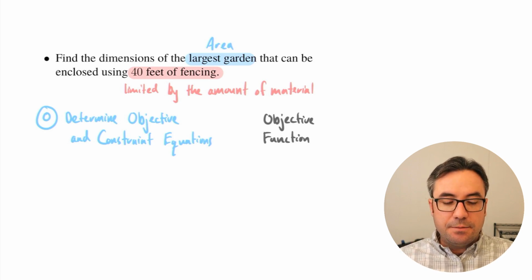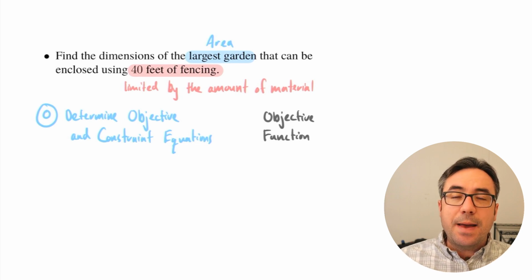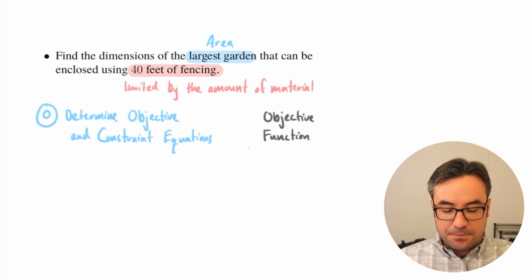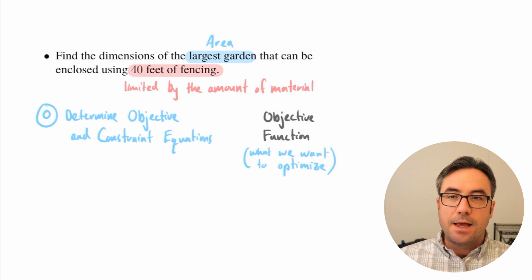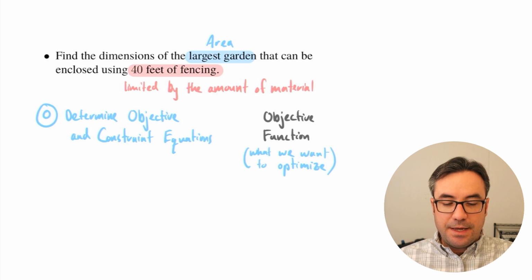So again, the objective equation, this is what we want to maximize or minimize. So what we want to optimize here. And in this problem, it's the area.